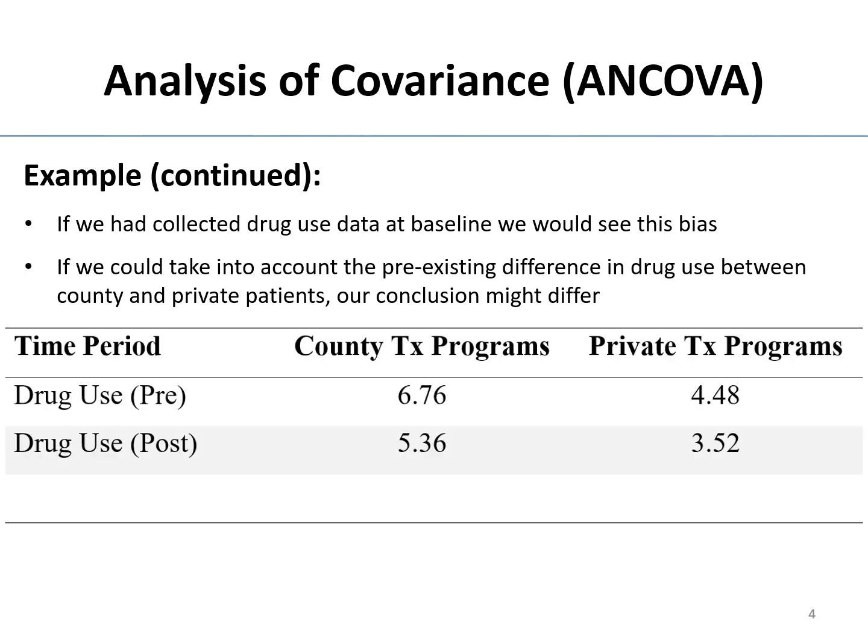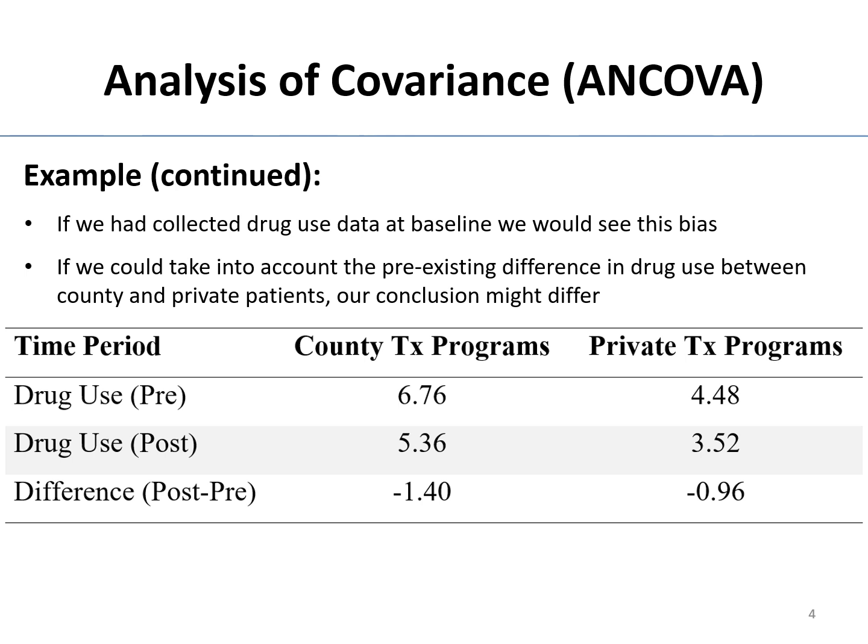If we now look at the pre-drug use versus the post-drug use, you can see drug use did go down in both the county and the private programs. And in fact, if you do the difference, it went down even more in the county programs. That is, it went from 6.76 to 5.36, which is a 1.40 drop in subsequent drug use.